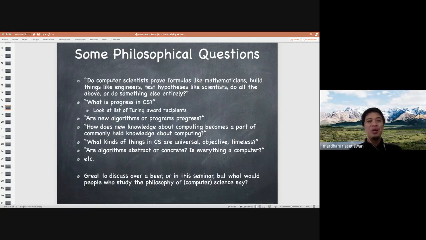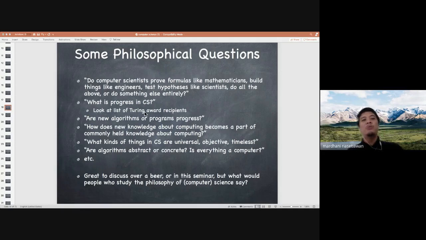So it's very important to see that there is a problem there. And what we look at is what progress in computer science is. Sometimes I also ask myself, what is the progress today? Why do we need to see this?